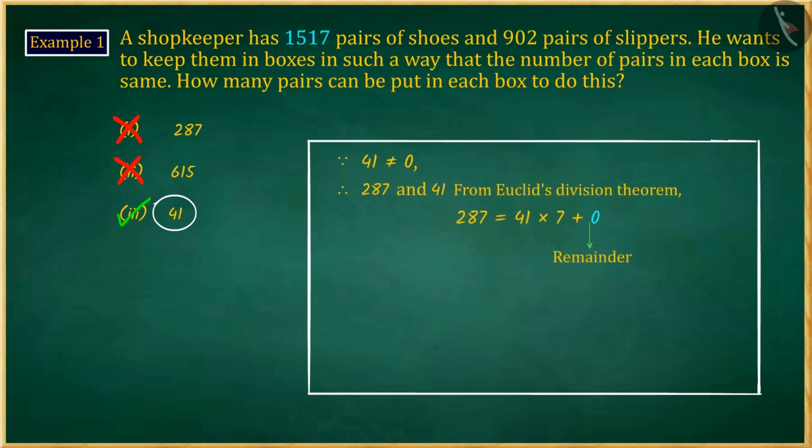Here we get remainder 0. So the process ends here. Since the divisor at this stage is 41, the HCF of 1517 and 902 is 41. So option 3 is correct.